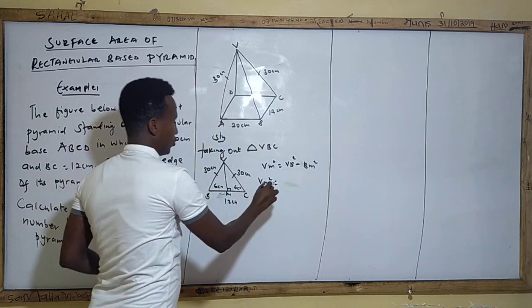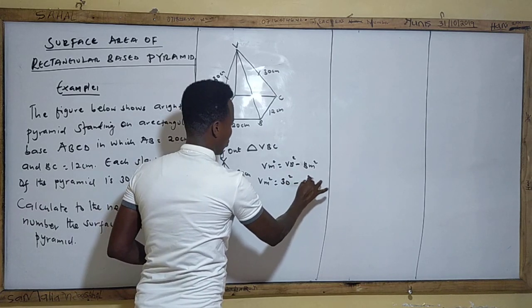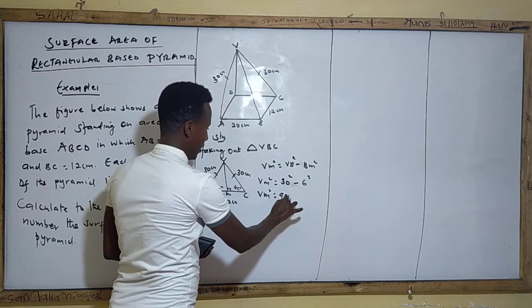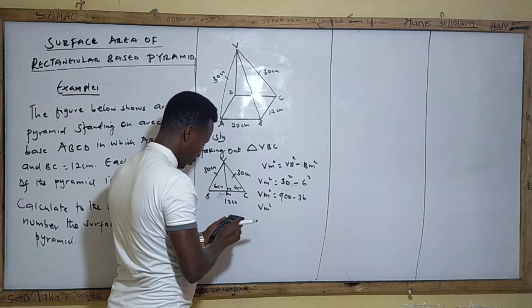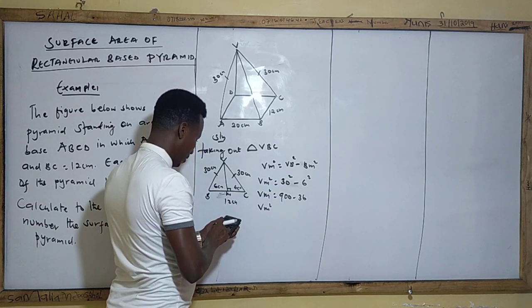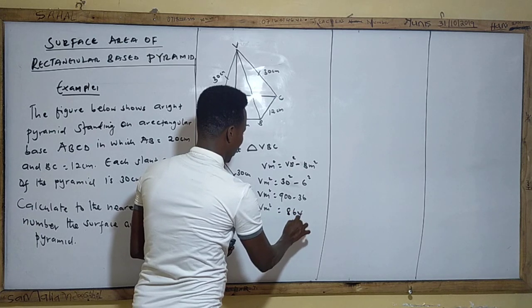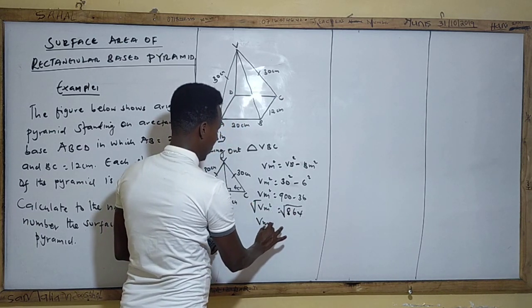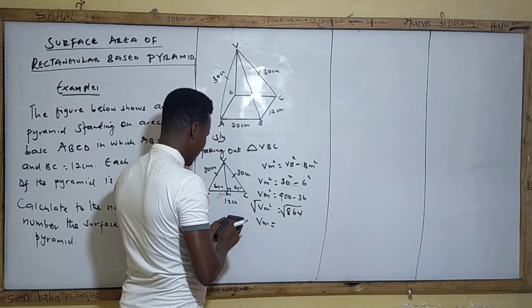So VM squared is equal to 900 minus 36, that is 864. Then into root now. So VM is equal to the root of this one. Root my answer, it will give you what?